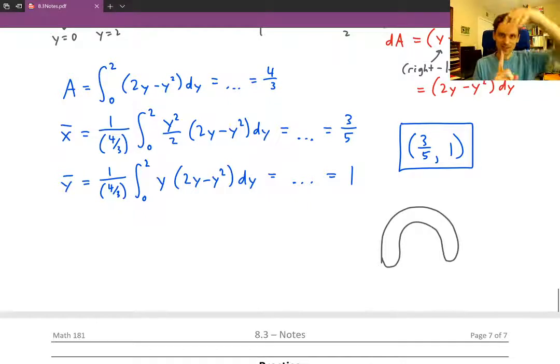I mean, you could make it so that it was pointing down, but if you tried to make it so it was sticking out, so it was horizontally flat, there's not really a good balancing point, because the balancing point is going to be somewhere outside of that horseshoe region. So that could happen. The center of mass could be outside of the region.